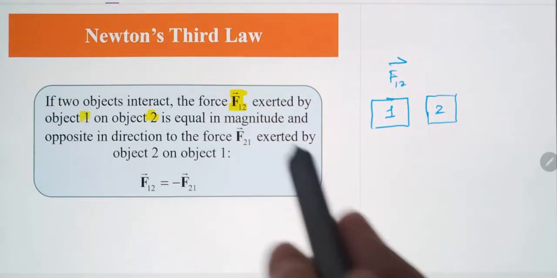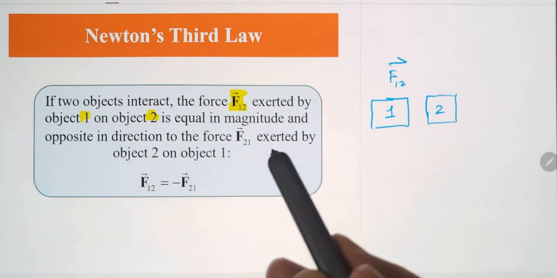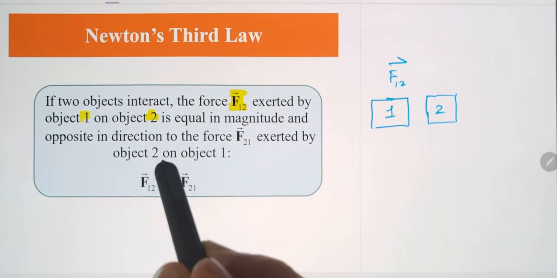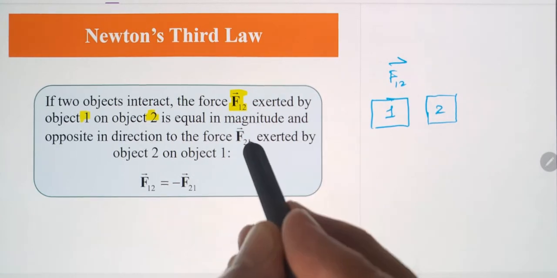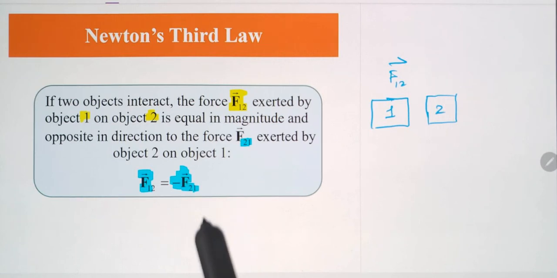Now, what is force 21? It is the force exerted by object 2 on object 1. When we deal with vectors, F12 is equal to minus F21.